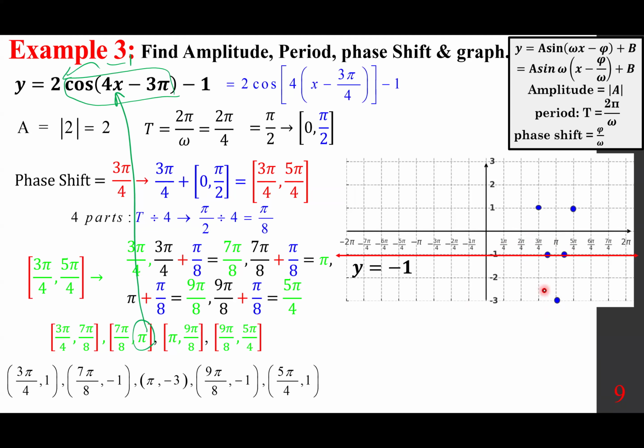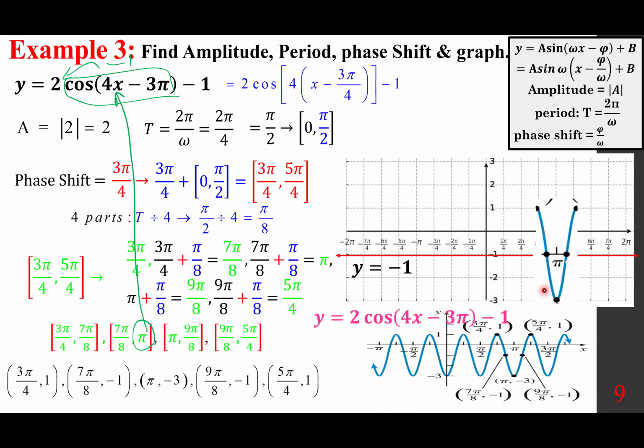This is one complete cycle. And now this is the sinusoidal function, and you go indefinitely on both sides. Y equals 2 cosine of 4x minus 3 pi, minus 1.